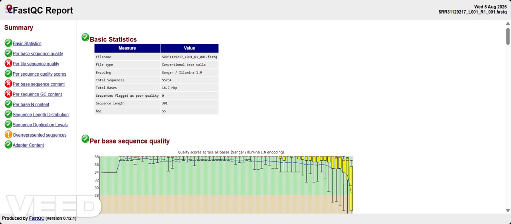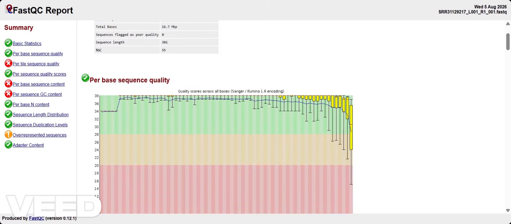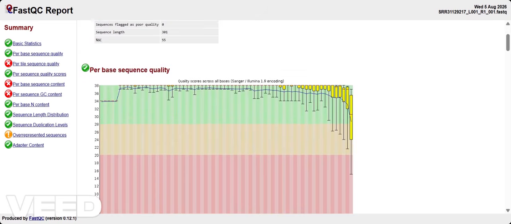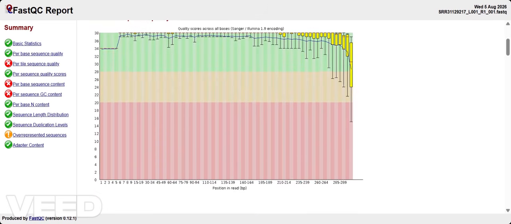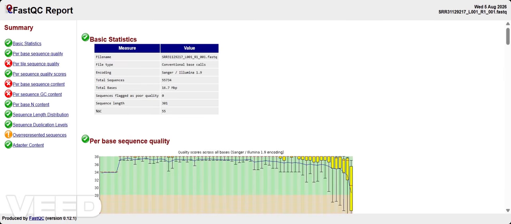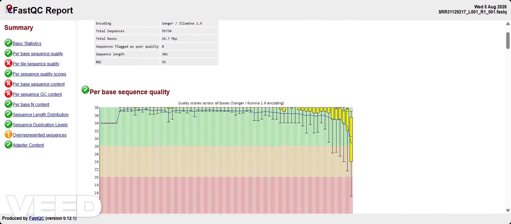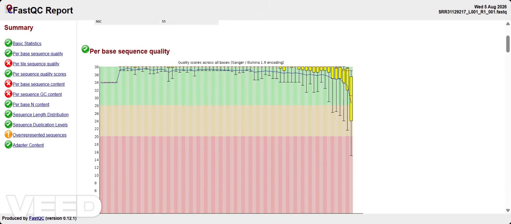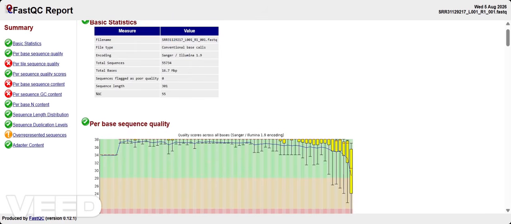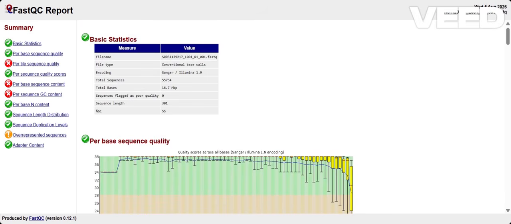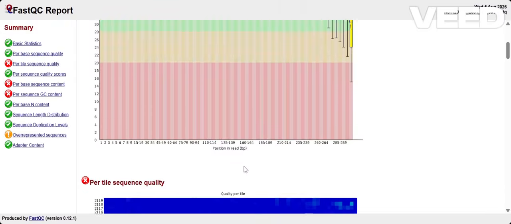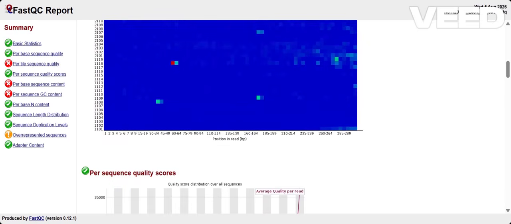In today's episode, we learned how to read a FastQC report step by step. We learned basic statistics, per base sequence quality, per tile quality, per sequence quality score, GC content, etc. If you are a beginner, don't worry. If you cannot remember everything in one video, the goal is to understand the logic.